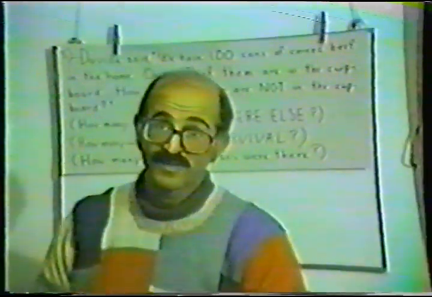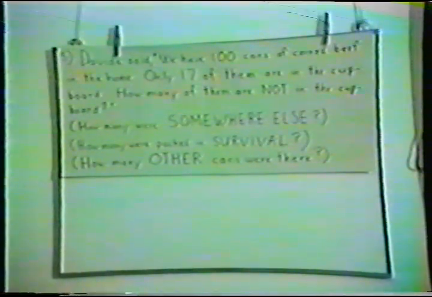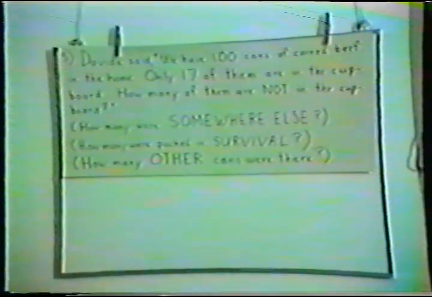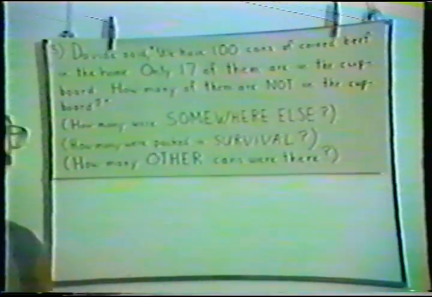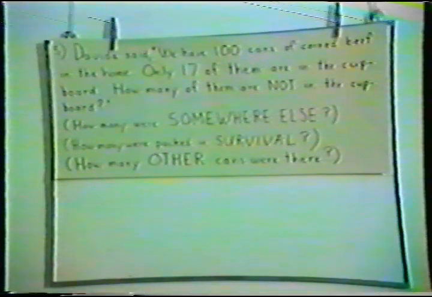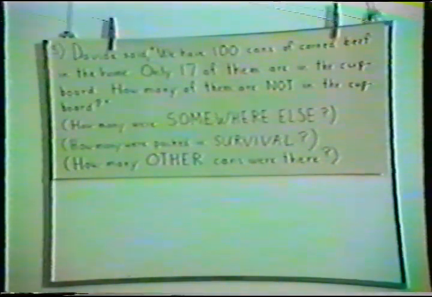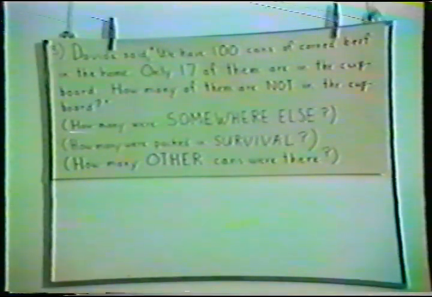Problem number 5. Davida said, "We have 100 cans of corned beef in the home. Only 17 of them are in the cupboard. How many of them are not in the cupboard?"